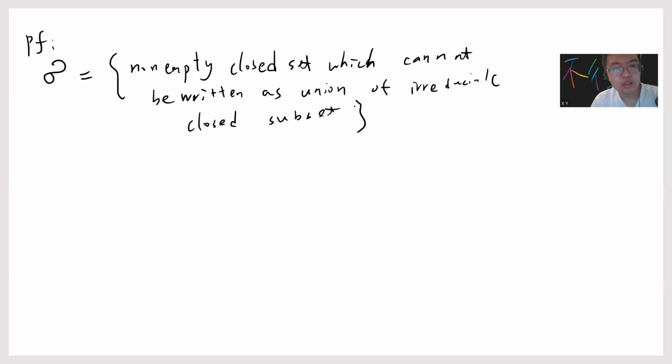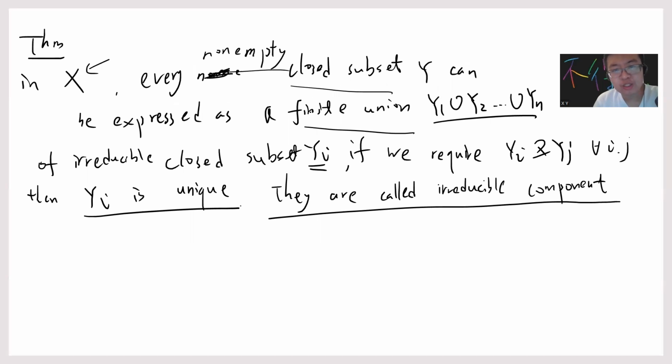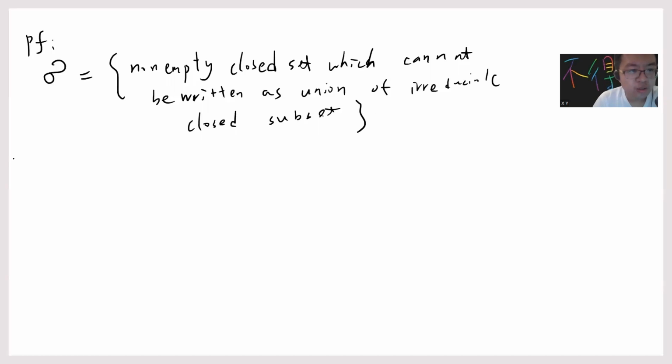Okay, so you just take the sigma, and you want to say that you collect sets which do not satisfy this property. So this I prove by contradiction, right?